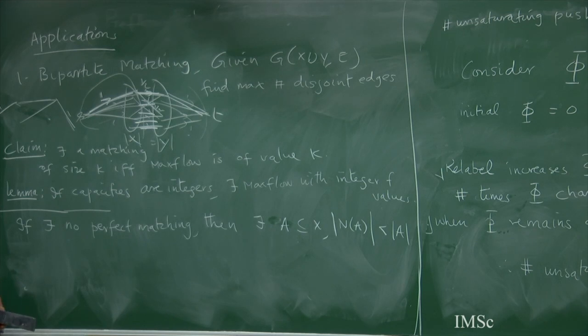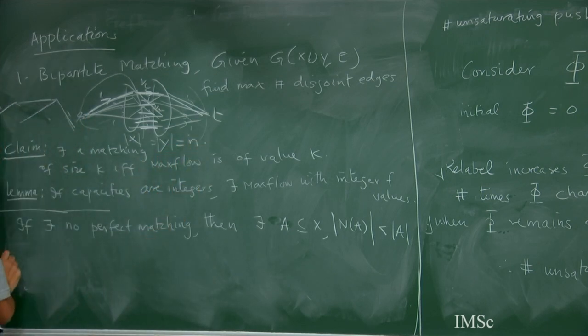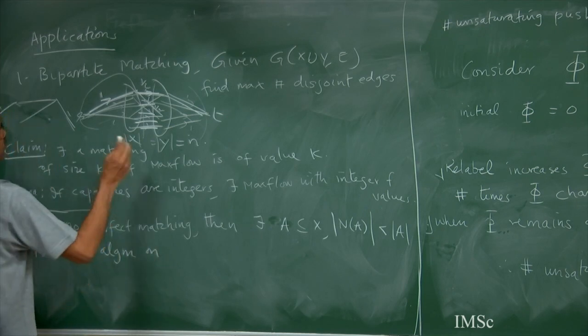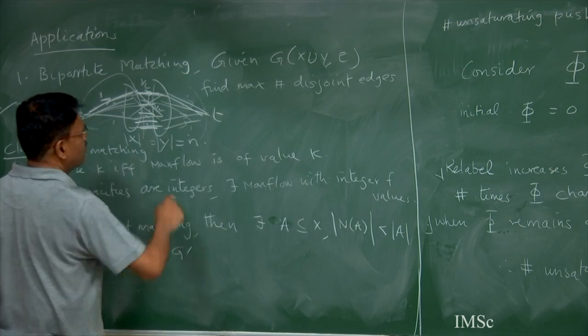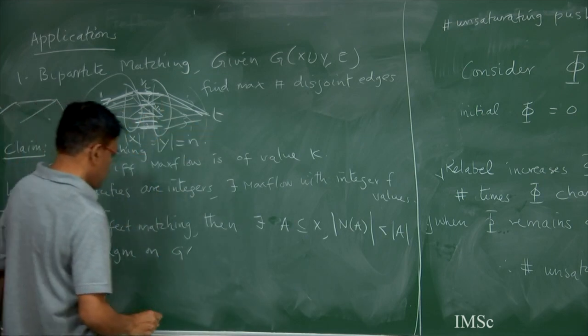Okay, let's see how we would prove it. So I run my max flow here, and let's say the number of vertices on each side is n. Proof: run the max flow algorithm on my network, call it G prime, because G prime has S and T added with capacities and so on.